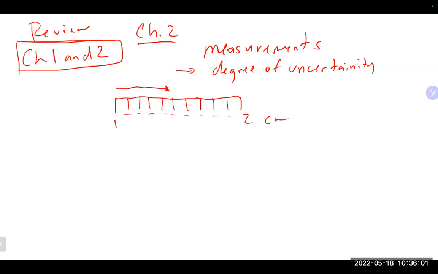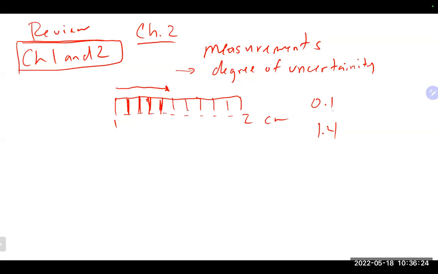There are 10 markings in between 1 centimeter, which means each one is 0.1 centimeters. That means it is at least 1.1, 1.2, 1.3, and 1.4 in this case. It's obviously not exactly 1.4, so that's where the degree of estimation comes in.